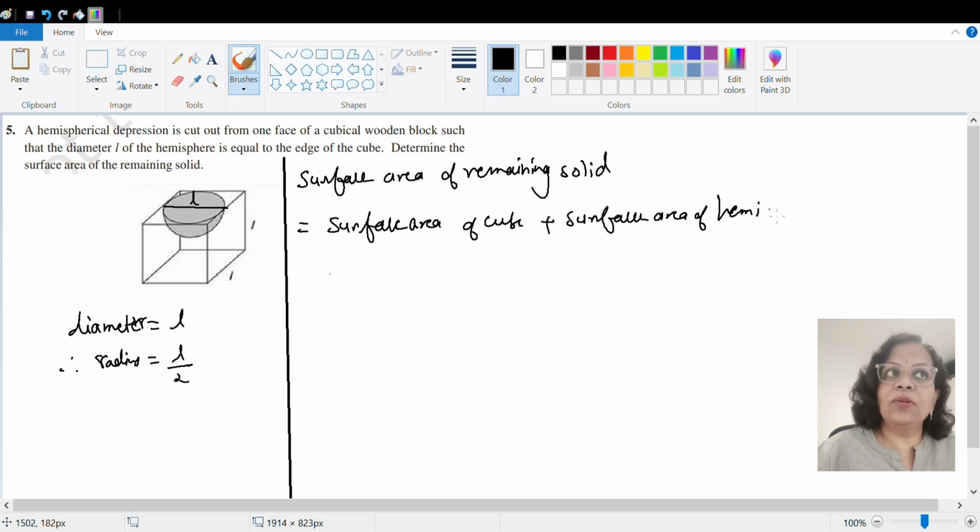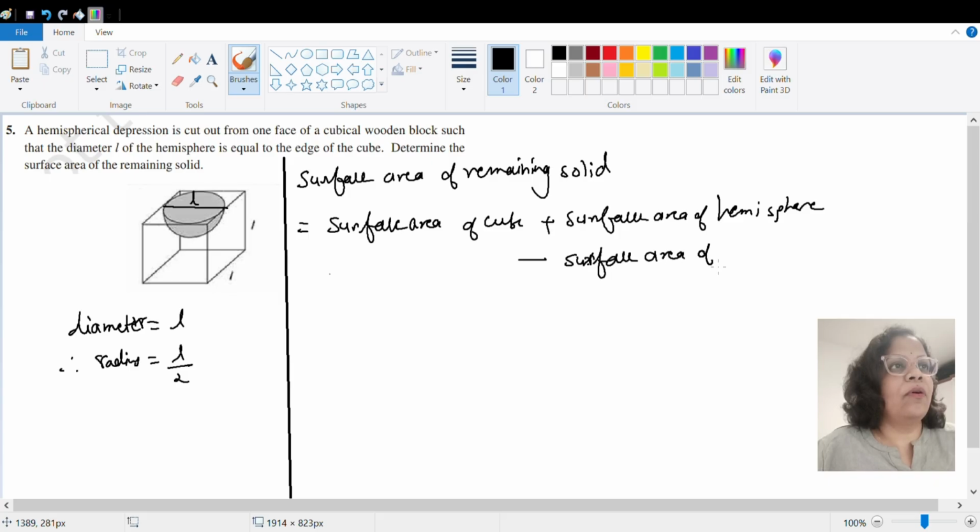That will get added, and then minus you will subtract that scoop that is taken out, right? So it is the surface area of the base. So this becomes 6L square because of the side, plus 2 pi r square minus pi r square.